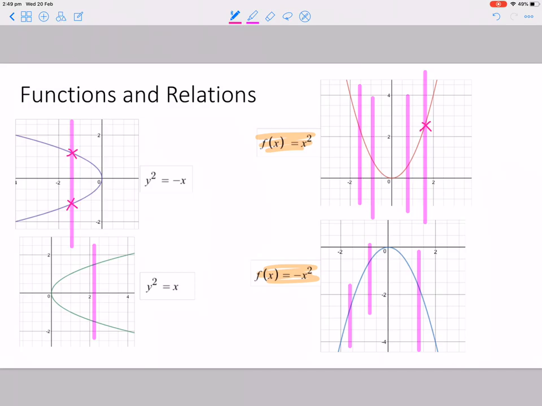So the vertical line test tells us if it is a function or not.